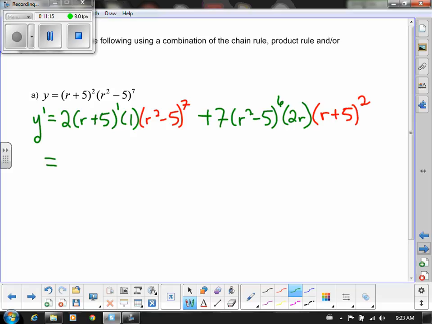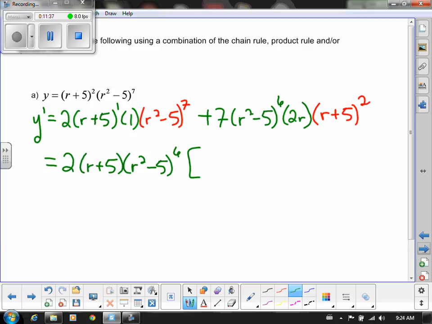So now we notice there are several things that are common. So the number 2 is common. R plus 5 to the power of 1, that's common to both of them. R squared minus 5 to the power of 6, that's also common to both of them.